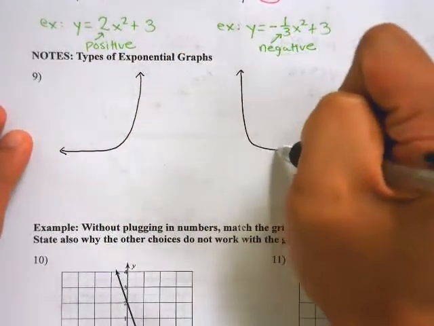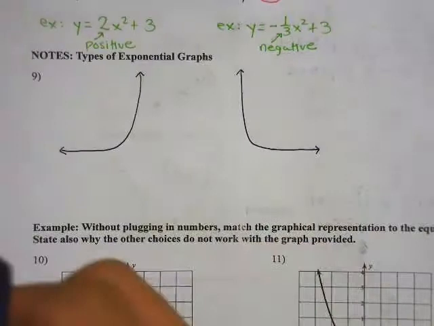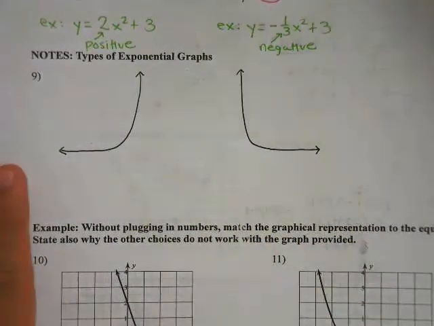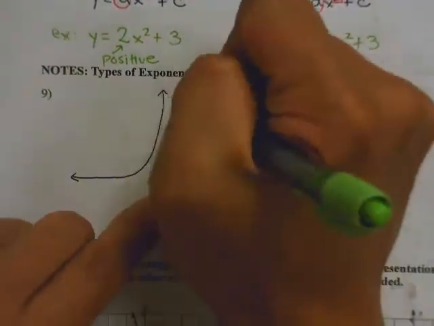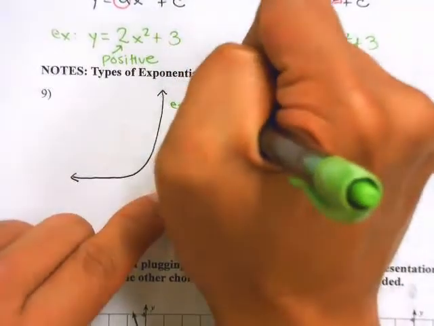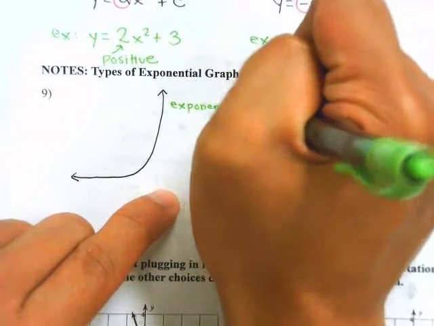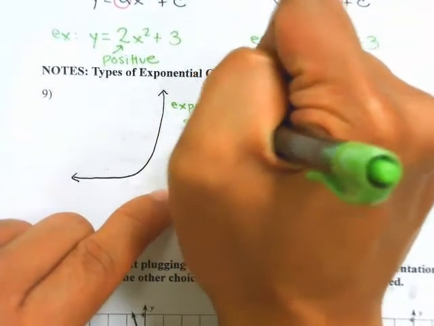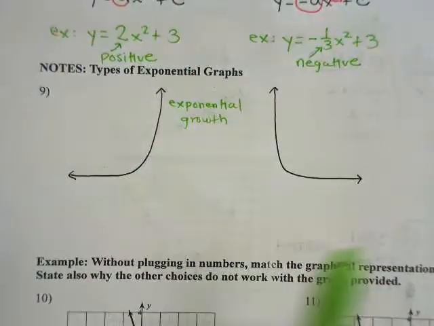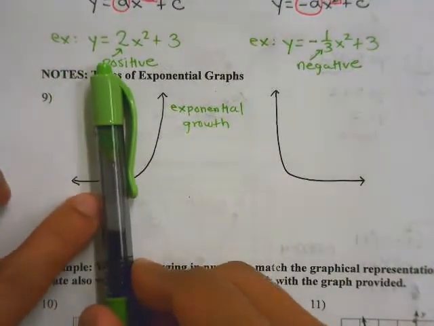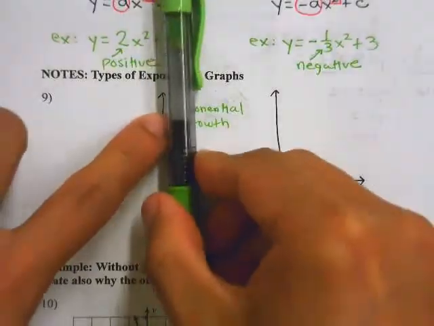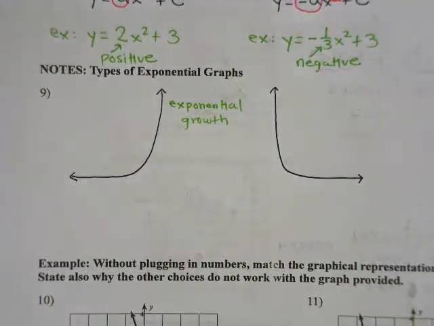You guys can draw 2 as well. The first one that I drew is called an exponential growth. The reason why it's a growth is because if you look at it from left to right, it is just going up and up and up and whoop, it just goes up like that.